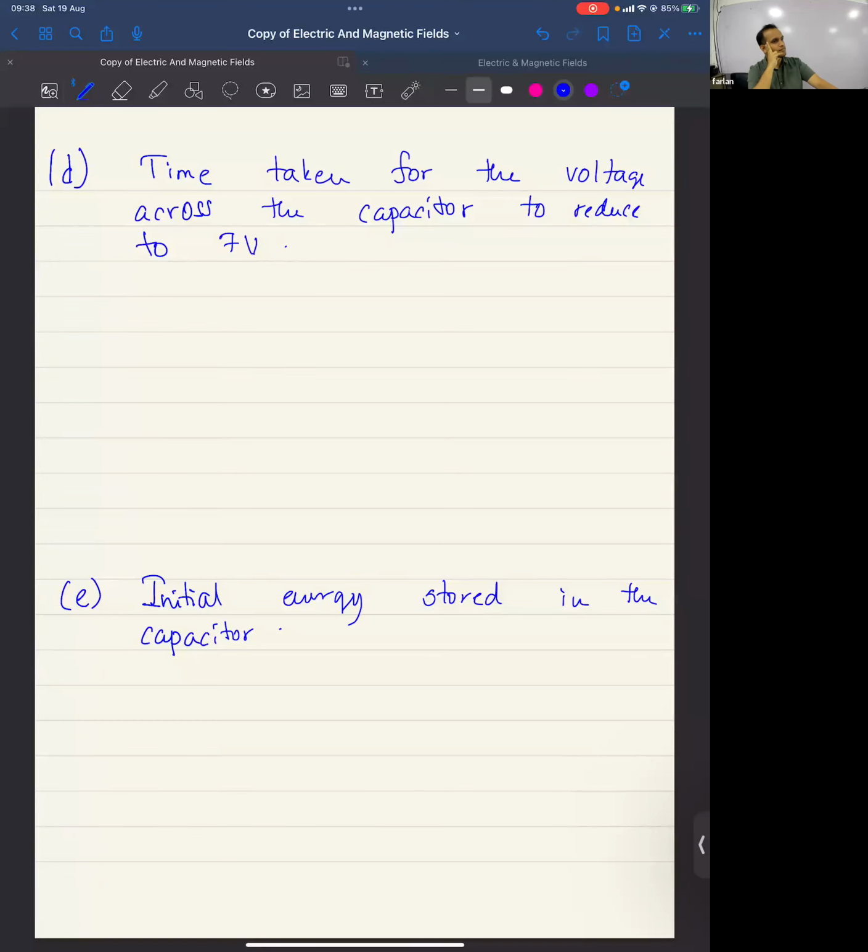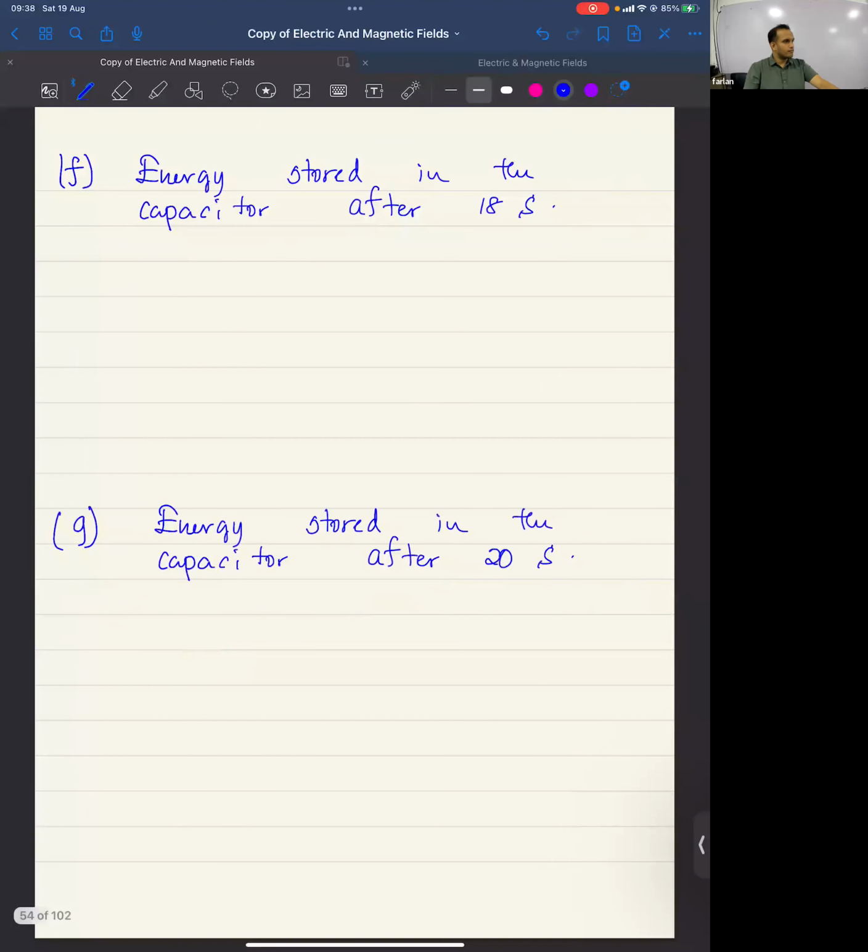Half VQ. Part F, and I also told you there are 2 more equations and we did questions on that, correct?